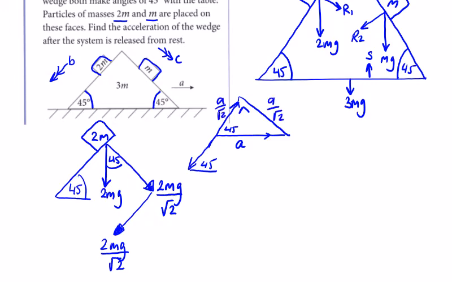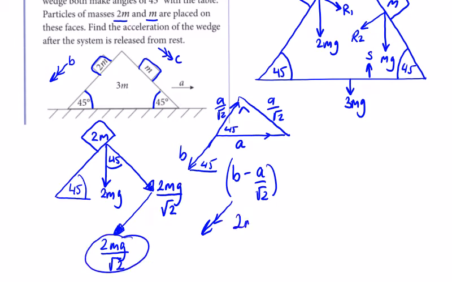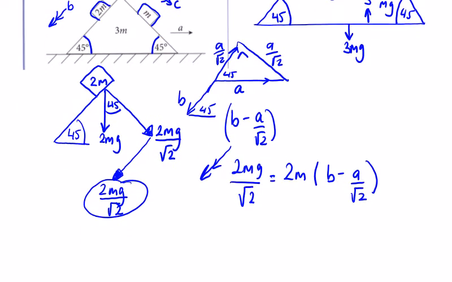So my acceleration, if it's B down in this direction, is B minus A over root 2. And if we do our forces in this direction, we've got 2mg over root 2, equal to ma, 2m, times my acceleration, which is B minus A over root 2. So that's my first equation.